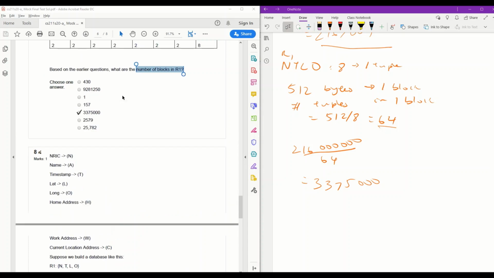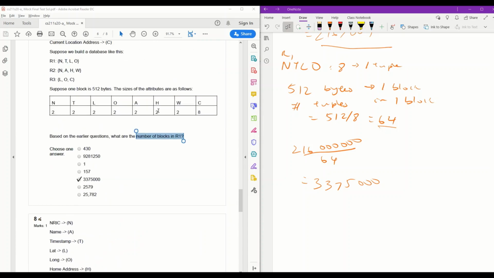If we go up, we find that R2 also takes up 8 bytes per tuple, and we know that R2 has 10,000 tuples, so the number of blocks will be equal to 10,000 divided by 64, which is 157 from what I remember.